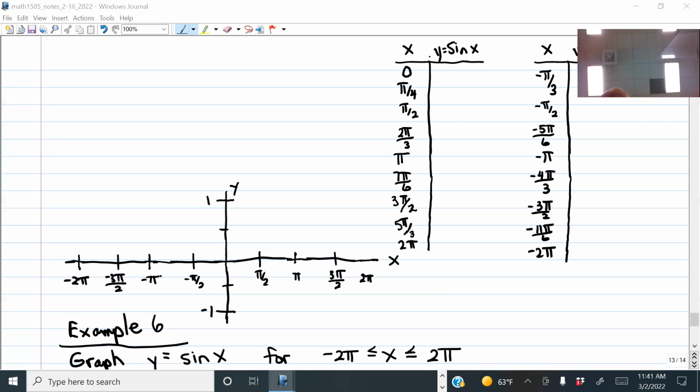And for you guys at home, you've got the little bit harder task. You need to fill in this column for me. You're going to compute sine of these values. These are negative x values so that we can plot the left half of the sine function. We're going to treat sine now as a function.